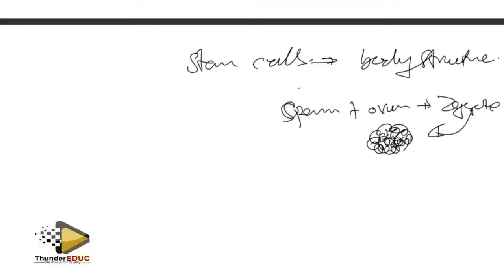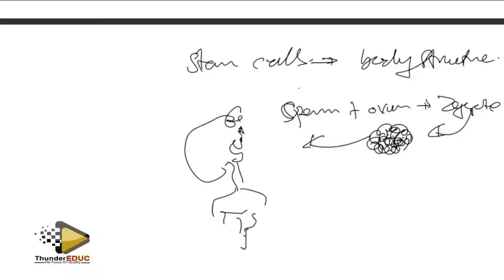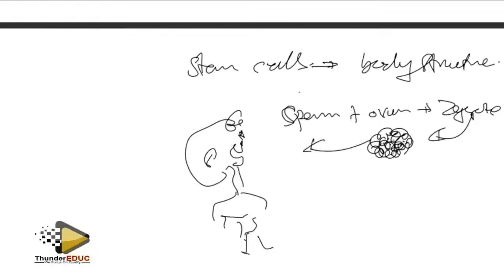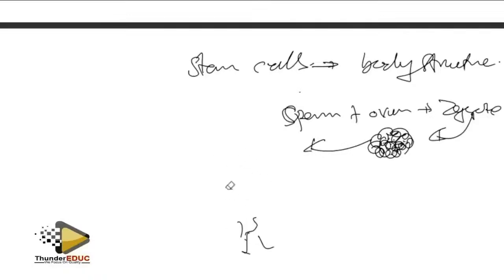It's just a ball of cells. These cells have the ability to divide again to form other body structures. Then you have the eyes, the ears, everything. So we call them stem cells: cells which have the ability to divide to form other body structures.